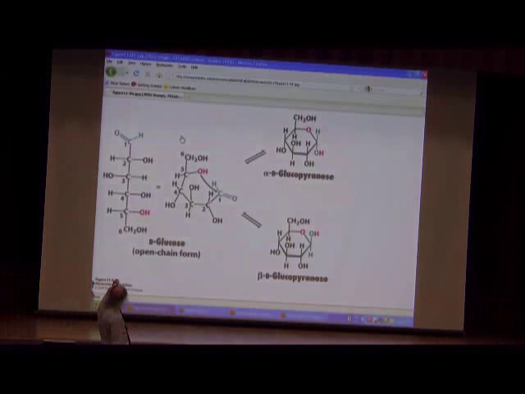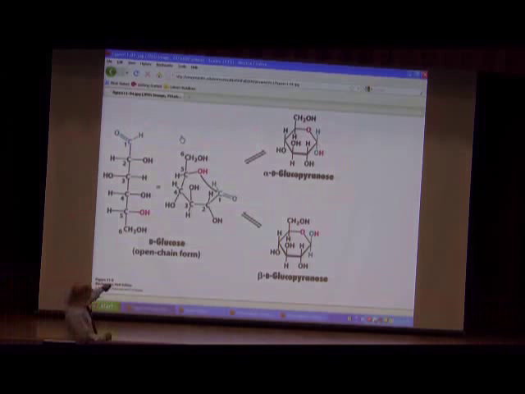It makes an attack on that carbon, and when it does that, it forms one of 2 possible ring structures. Why one of 2 possible? Well, what it's done is it has converted a carbon that was not an asymmetric carbon into a carbon that is an asymmetric carbon. Notice this carbon now has 4 different things attached to it. This one only had 3 things attached to it.